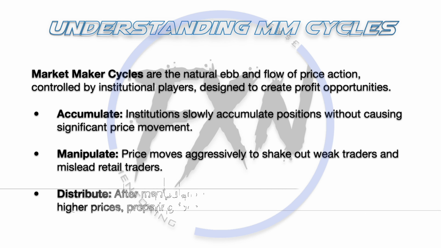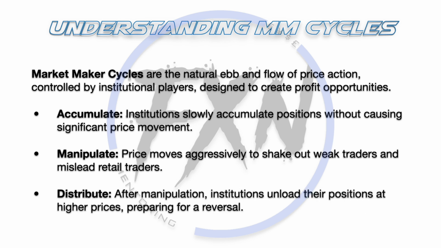Finally, we reach distribution, where the market makers unload their positions at higher prices before the market reverses. So understanding these cycles helps us identify high probability setups so we know when to enter and exit trades. Let's break down each of these phases in more detail.